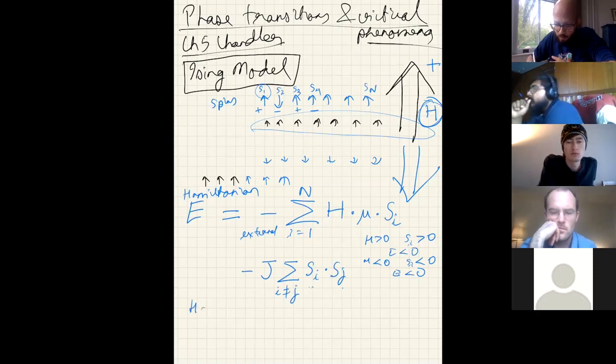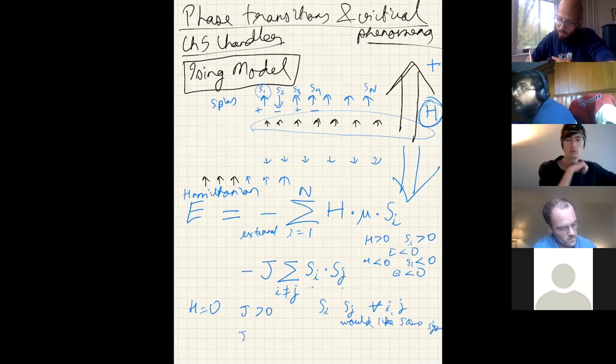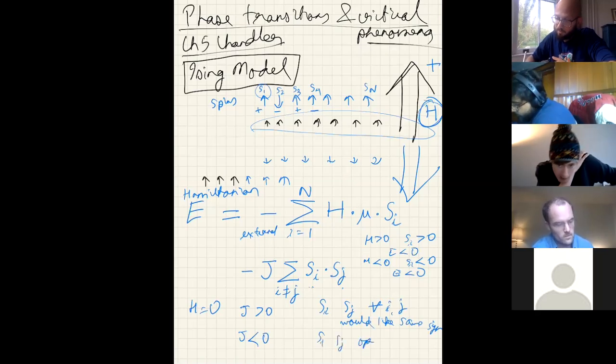So if H is equal to 0, let's not worry about the external magnetic field, and J is positive, then S_i and S_j for all i, j would like the same sign, right? If J is negative, then the way to reduce energy would be S_i and S_j with opposite signs, and you would have antiferromagnetic coupling.